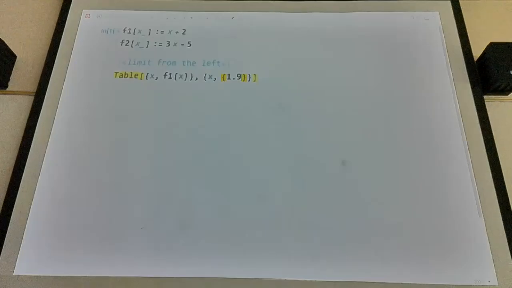Let's get closer. I can adjust it if I'm going to need more values later.